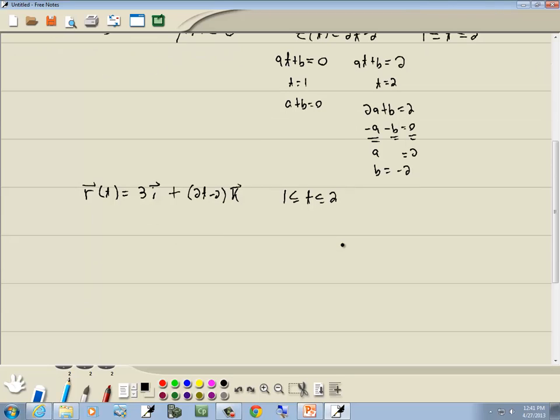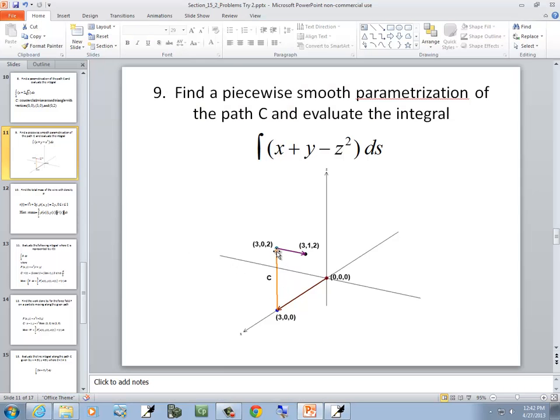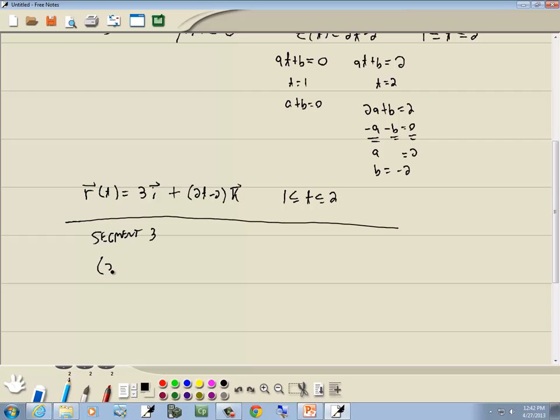And let's look at our last segment. Segment 3. And that'll go from 302 to 312. And since this one ended at 2, this one has to start at 2, and I might as well have it go to 3.